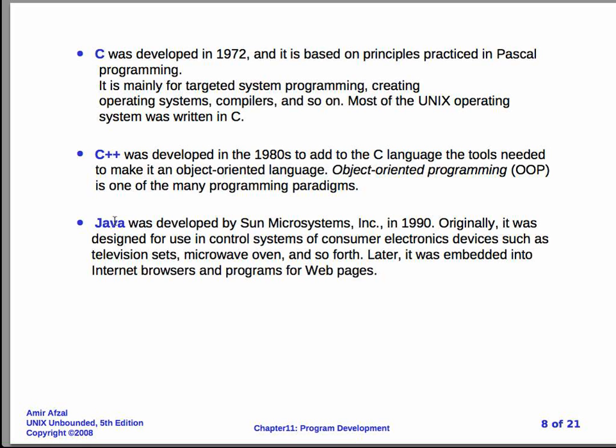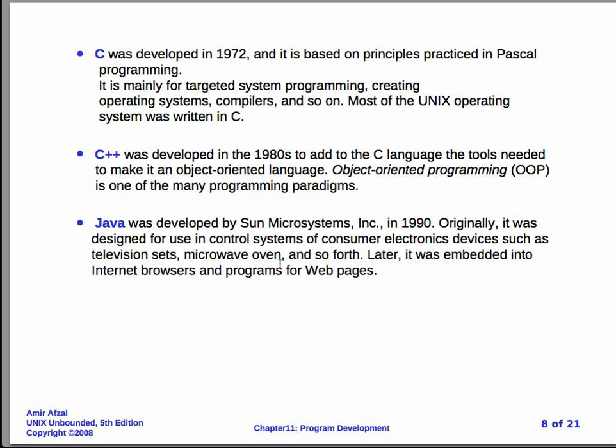Java was developed by what used to be Sun Microsystems. They no longer exist. They were bought up by Oracle. This was before Sun was bought up by Oracle, way back in 1990, so it's about 20 years old. Originally, it was designed for use in control systems of consumer electronic devices such as TV sets, microwave ovens, and so on, small embedded devices.